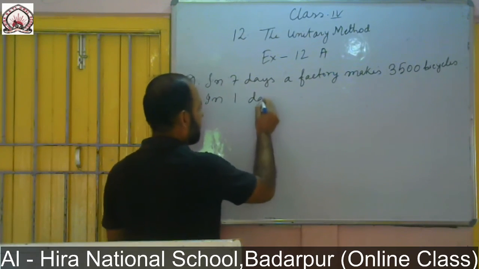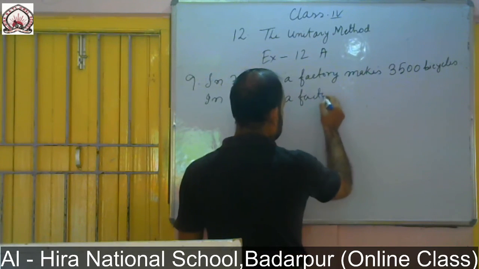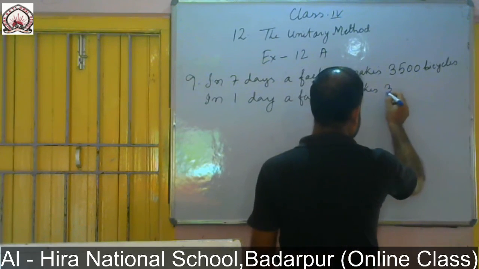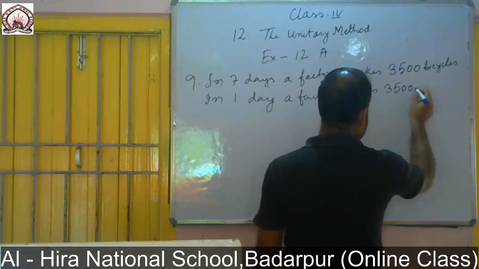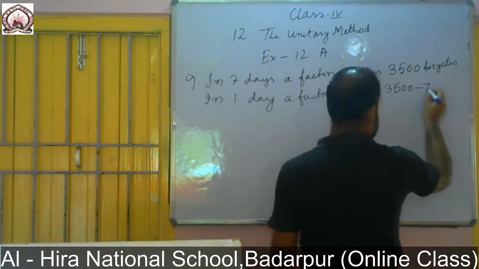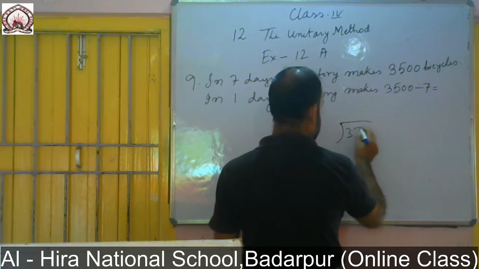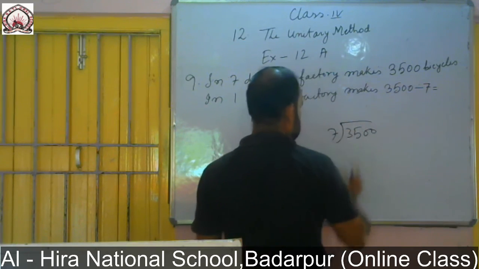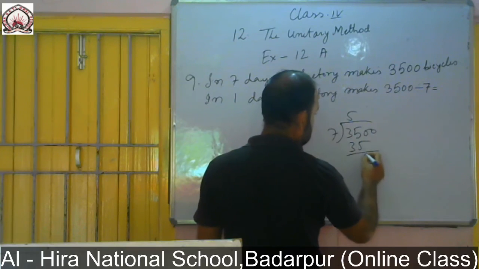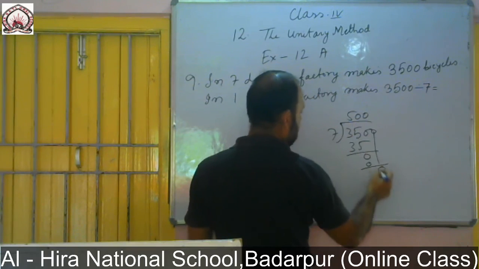a factory makes 3500 divide by 7 equal to. 3500 divide by 7. 7 fives are 35, here remain 0, 7 zeros are 0, here remain 0, 7 zeros are 0.